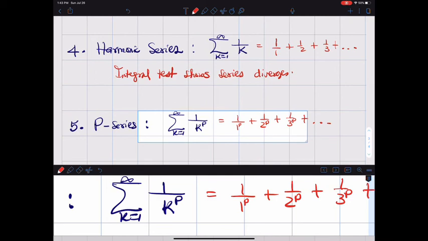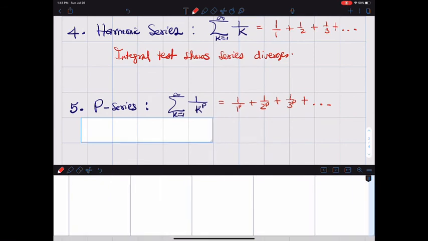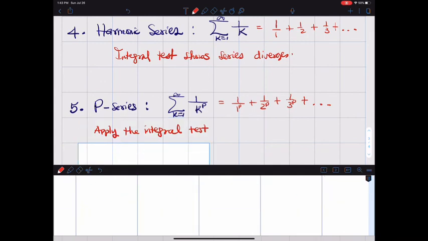But if p is greater than 1, say p is 2, then we don't know what we're going to end up with. We don't know if it diverges or converges. I kind of know, but I want you to find out. So what I want you to do is apply the integral test to this series. Do it case by case.